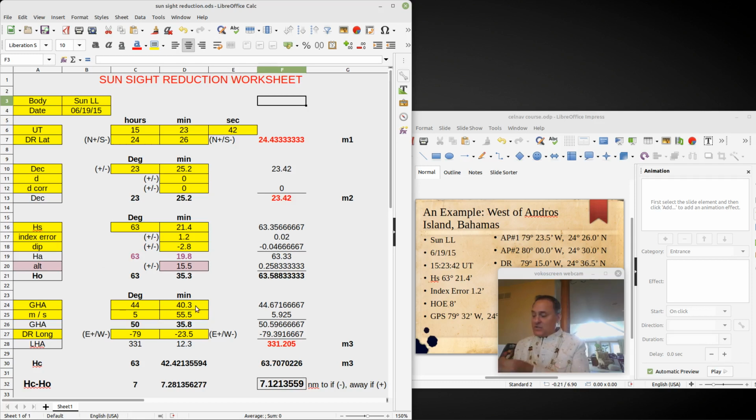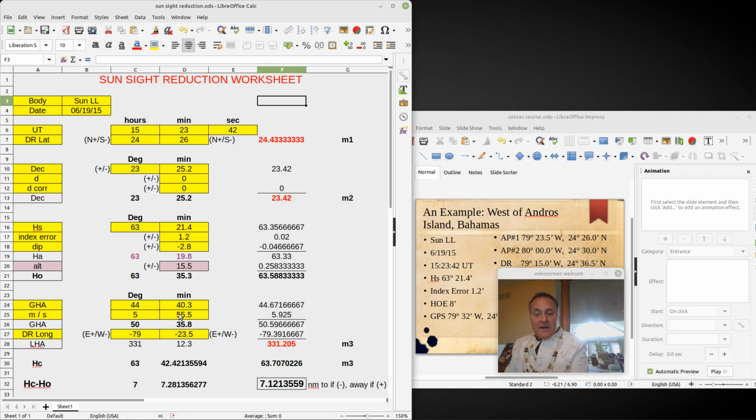Now, just one column over from that, it tells me the declination of the sun on the same day, which I take right now and I fill in up here. The declination is 23 25.2.